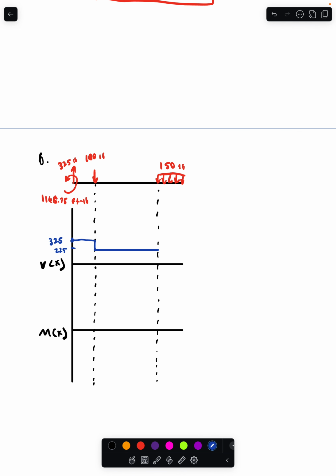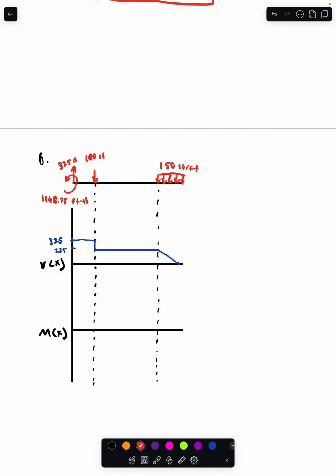So it's going to be 150 pounds per foot times 1.5 feet. It should be pounds per foot. That is 225, which is what we want to see, because we're at 225 and we should be at 0 at the end of the beam. But since this is distributed, we're going to go down just like that.